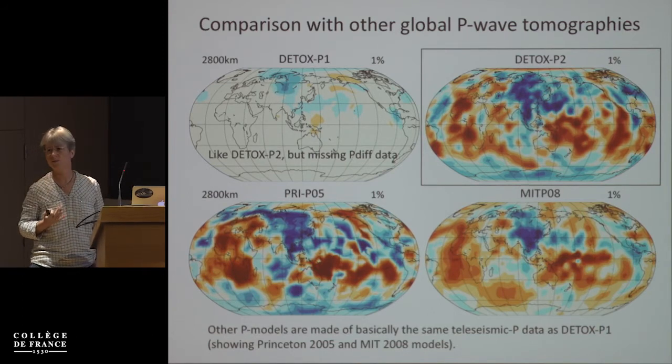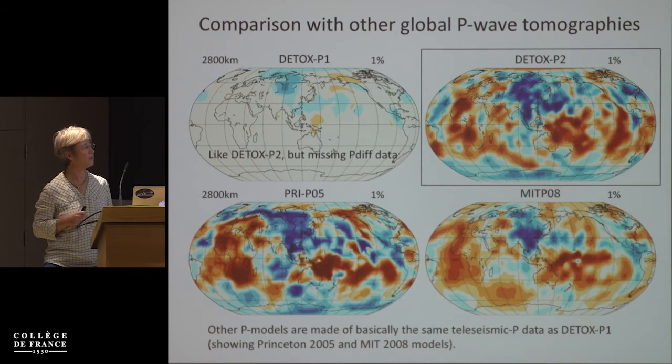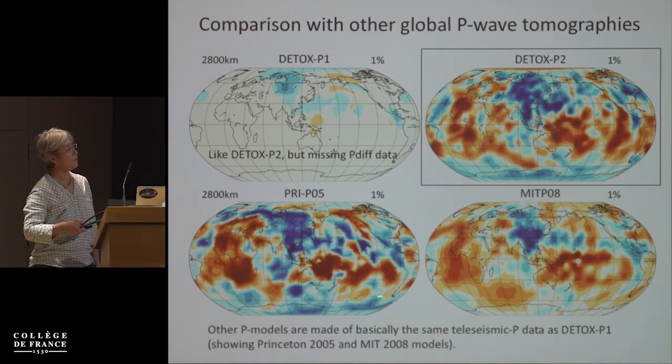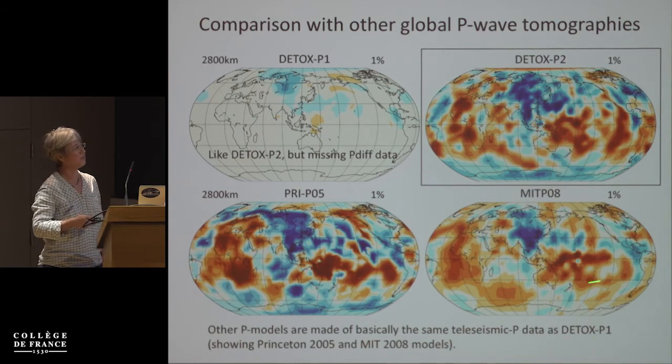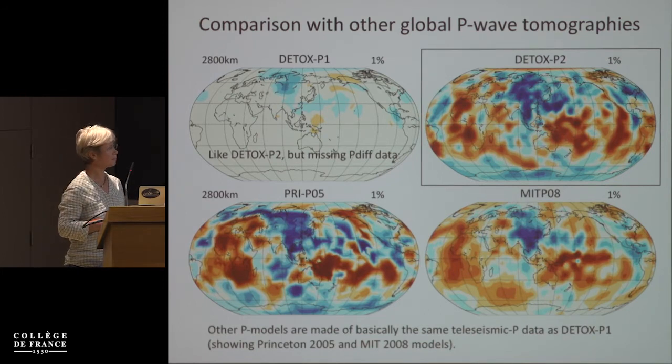So in practice, they were already P diff waves, or had P diff character, but weren't modeled as such. So you also get a smearing due to that. However, you can see a lot of the features that are in this one are also present in these. And so in retrospect, there's certainly a lot of this being validated.